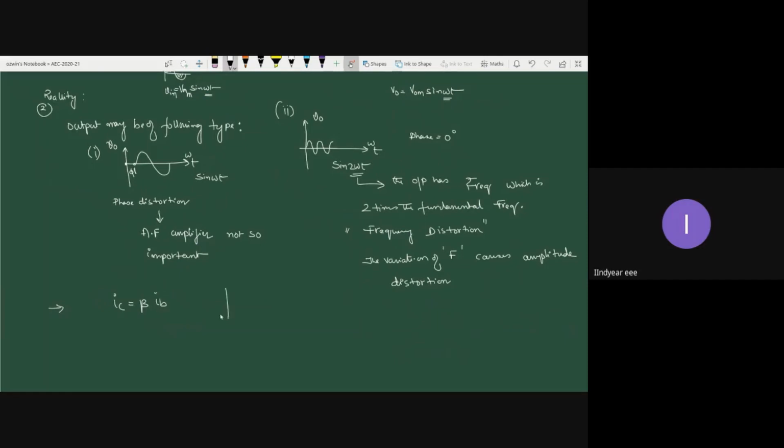In the sense, we always assumed that the response between base current and collector current is a linear one. That means we assumed that the transistor is a linear device. But in reality, the transistor is not a linear device. Instead, the transistor is a non-linear device.